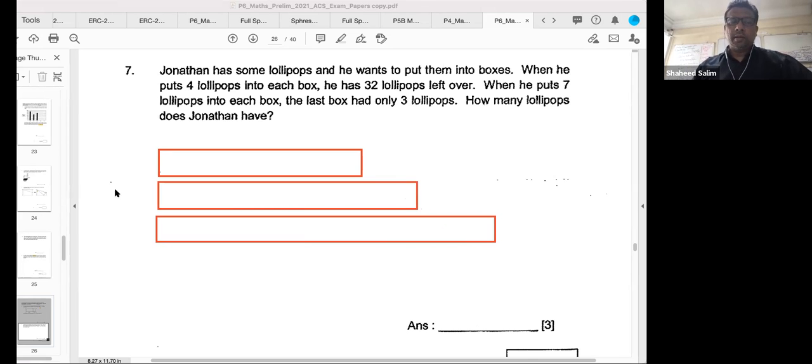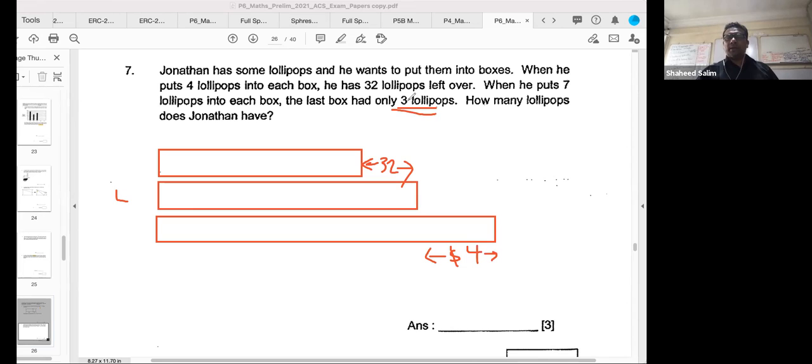This one, lollipops he has. If he put 4, he got 32 left over. If let's say now he put 7, 7, 7, 7, 7, 7, he got how many short? Last box he got 3 lollipops. That means short of 4. Short of 4 down here.